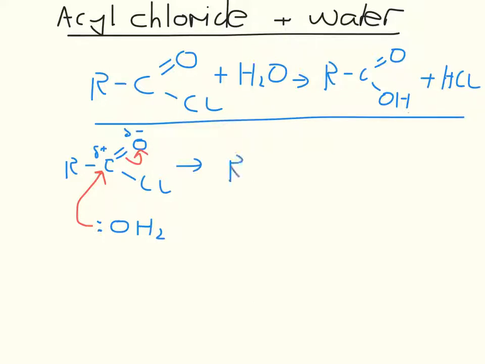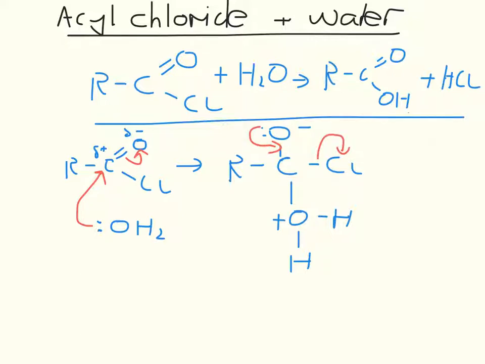So I'll end up with this intermediate with O minus like so, Cl like so, and then water added like so. There's going to be a plus charge on the oxygen there because he has donated his lone pair to the carbon atom. Okay, so next step is this lone pair is going to come down and the Cl is going to leave.